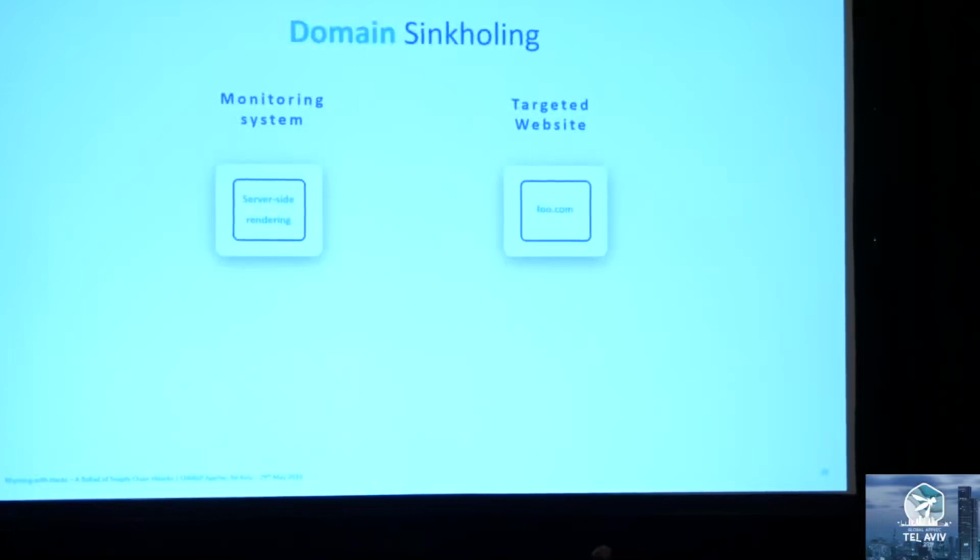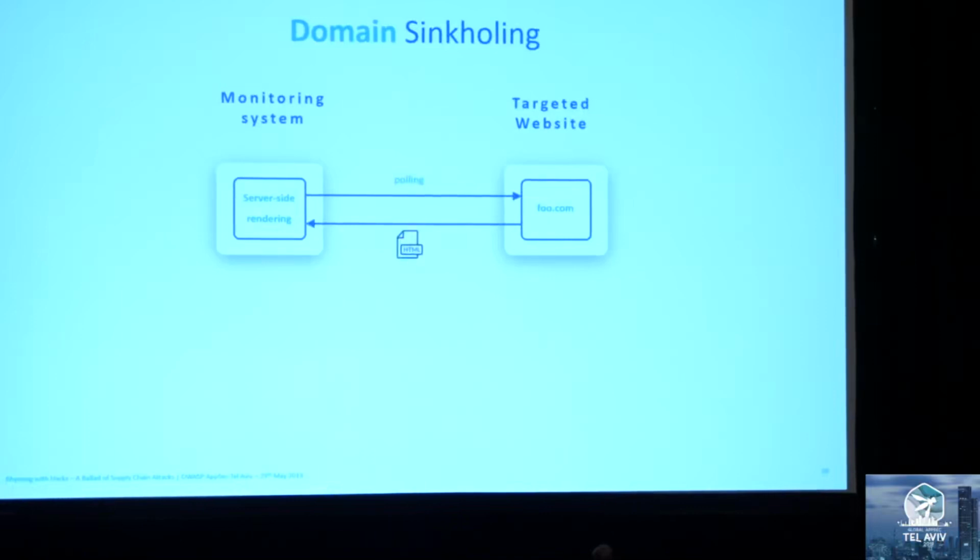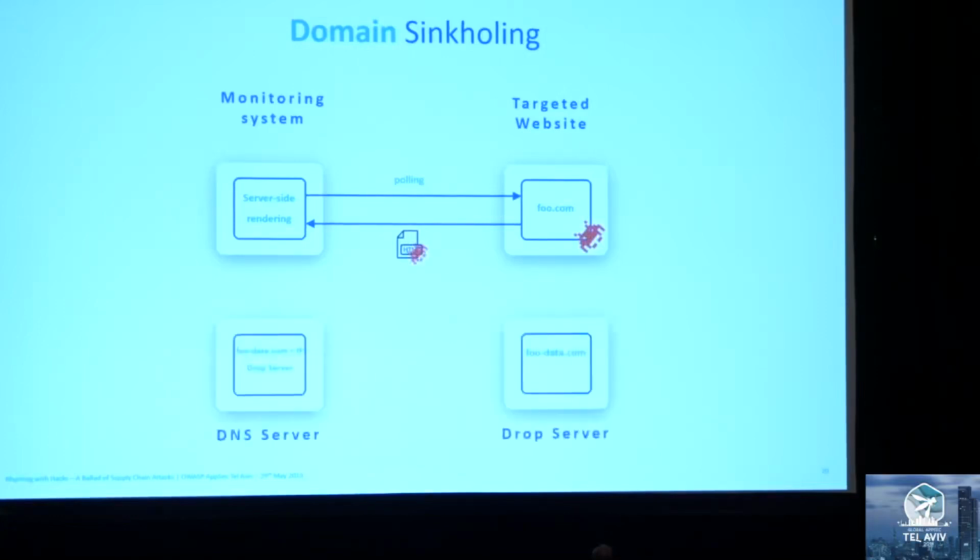You can also do domain sinkholing. Usually, this technique requires some sort of monitoring system using server-side rendering. Every once in a while, they poll the website and pull out the data and code that is being executed. They execute that code, but then at a certain point, the third party or the website gets compromised through a third party or something. And what they do is they have signatures that try to match malicious content or malicious code.